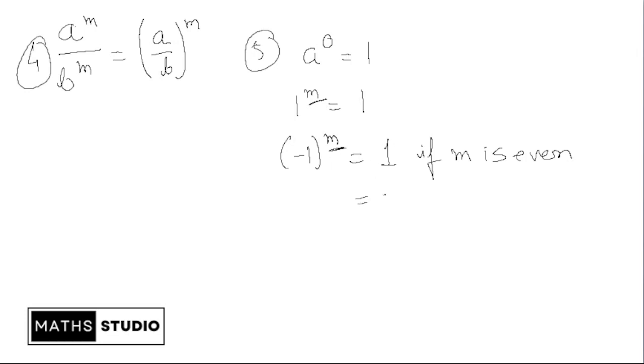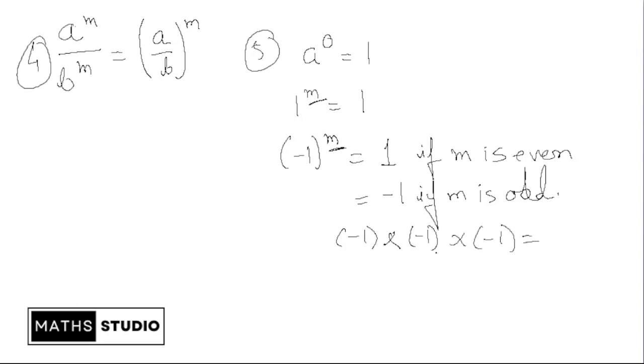And it will be equal to -1 if m is odd, because there would be a point where, like, if you are multiplying -1 into -1 into -1 three times, -1 into -1 becomes 1, and into -1 overall becomes -1 again. So that's why if it is odd, then it will remain -1. If it is even, then it's +1.